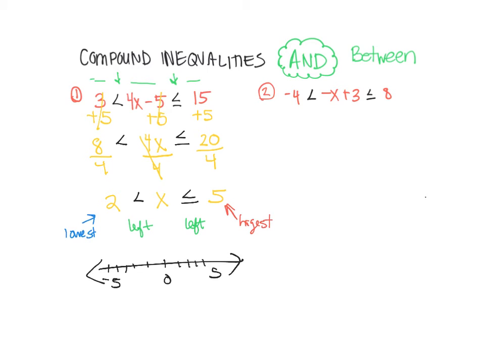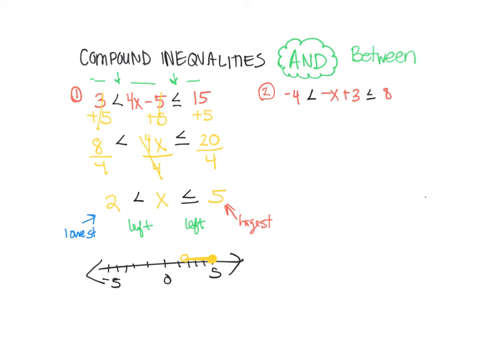And so I'm going to place the endpoints on there appropriately and say that my 2 doesn't have an or equal to sign, so it would be an open circle. And then 5 has an or equal to, and it would be a closed circle. My solutions are only the points that are between those 2 points. It doesn't include 2, but it does include 5, and then the points between them.